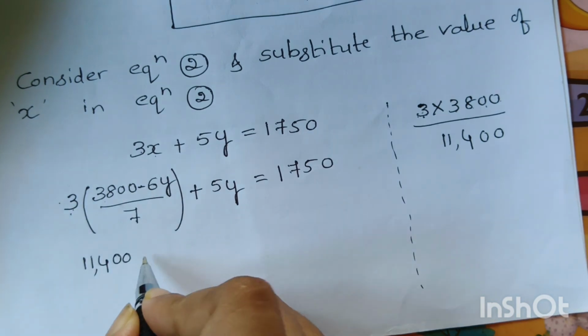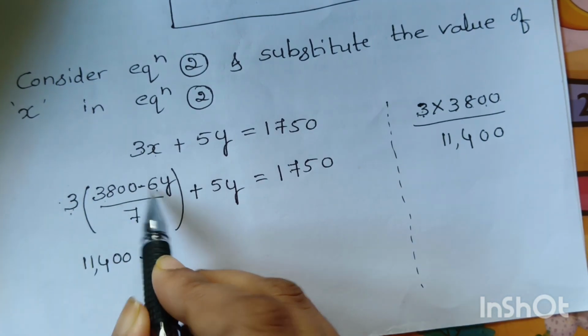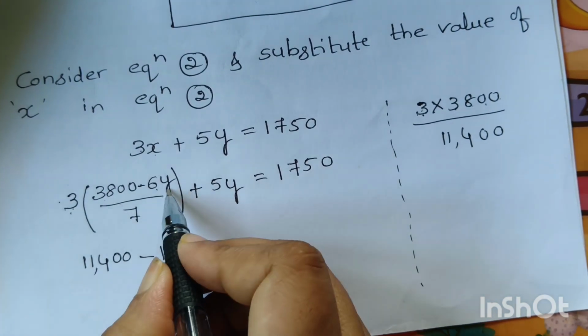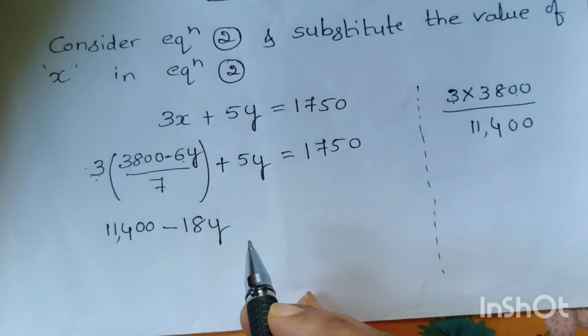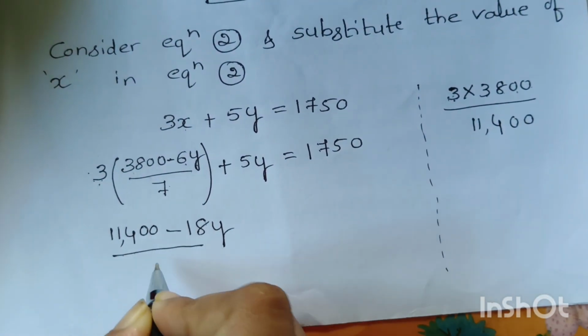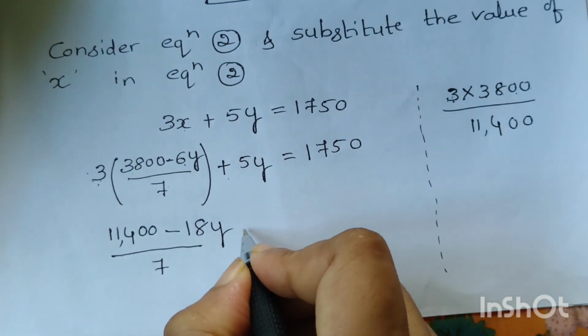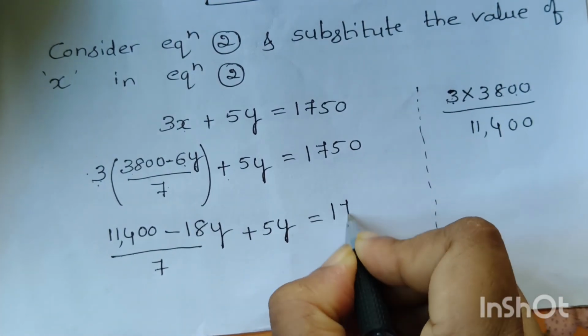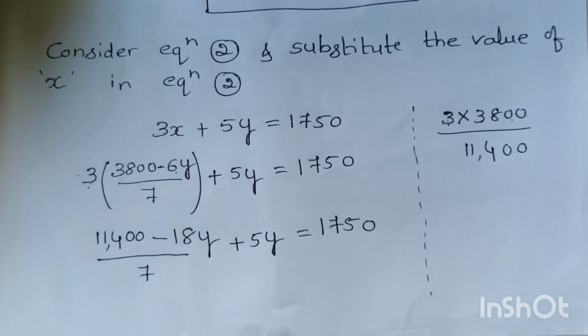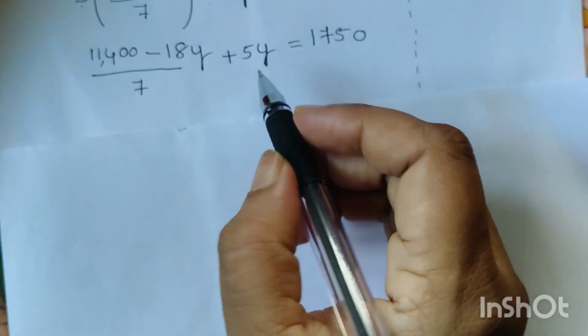Plus into minus is minus. 3 sixes are 18 into y divided by 7, plus 5y is equal to 1750.